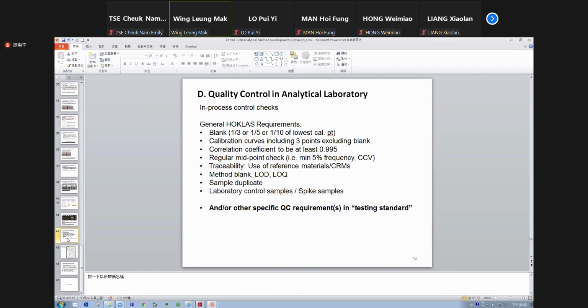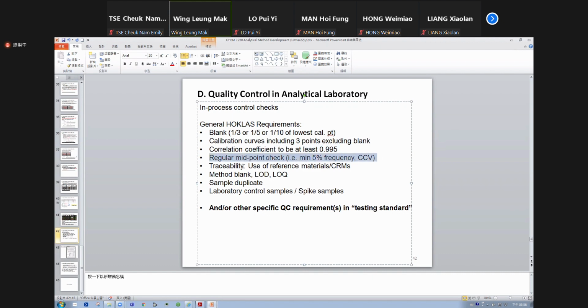In process control checks, for your general HOKLAS, this is for summary. You need to have the blank and the calibration curve with at least 3 points. Correlation coefficient, that means your R square. Don't rely only on this R square to judge whether your calibration curve works or not.